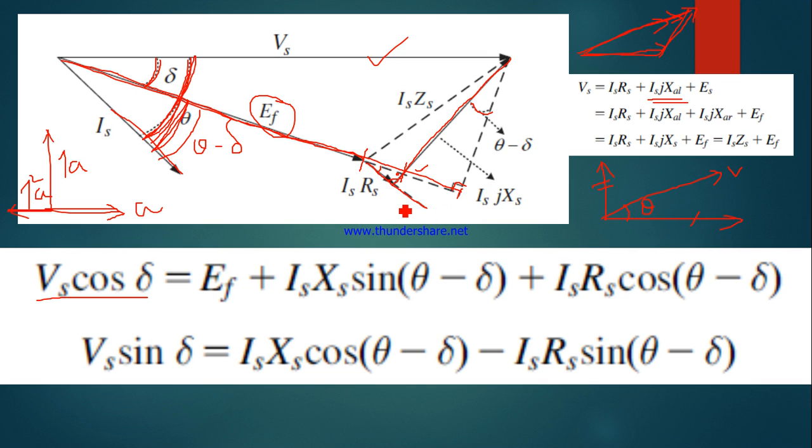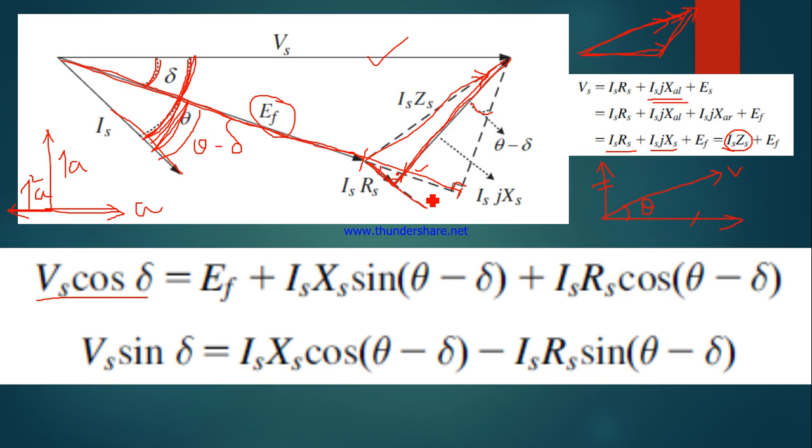So now, as I told, what I am going to create is this part. What is this part? IS RS plus IS into JXS. So this is my IS RS and this is my J IS XS. Both I have taken in the same order. So in the opposite order, this part should be my IS ZS.